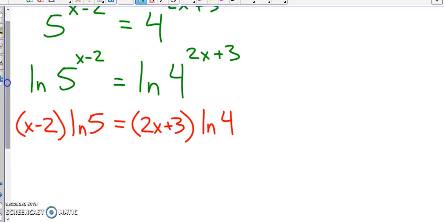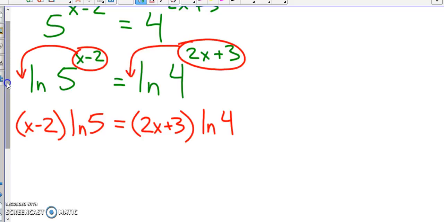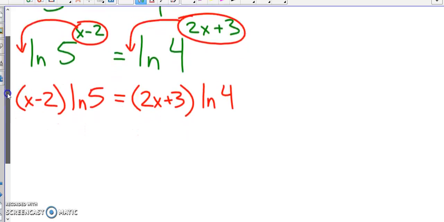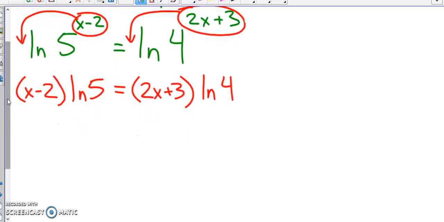All I did was take these exponents and bring them down to the front. Like I said, that's a critical skill. You got to know that that's the next step to take. Now what? Not quite, because I've still got an x over on the other side. Let's distribute. And we'll do that in the next video.